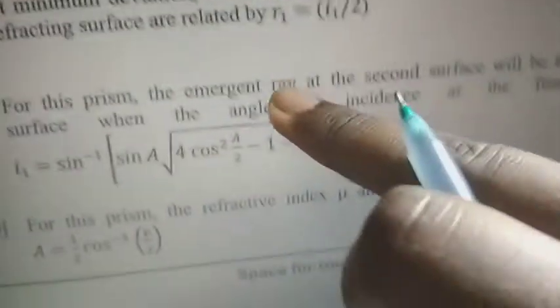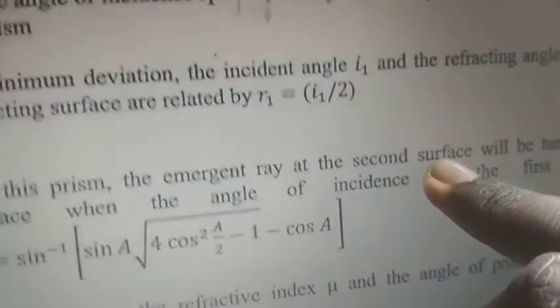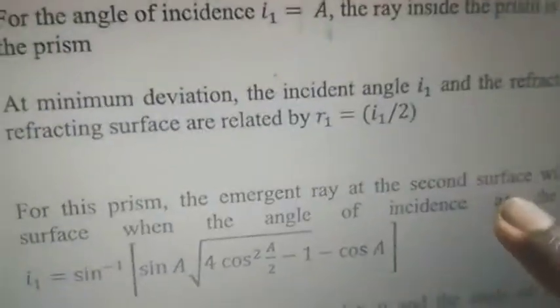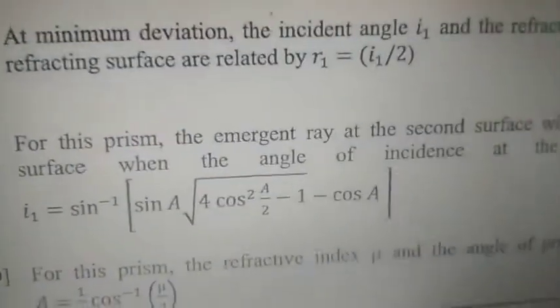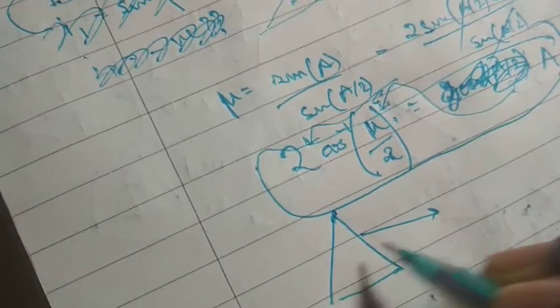Option C says if the emergent ray is parallel to the second surface, that is a grazing incidence. Yes, I was not able to remember the term. If the R2 is grazing, that means basically it's saying that normally our rays come out like this, but now he wants the ray to come out like this, parallel to this.